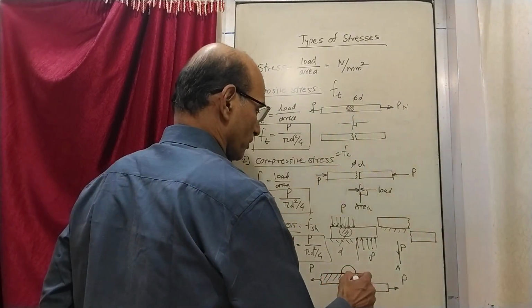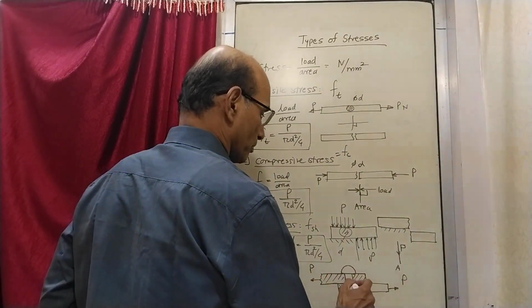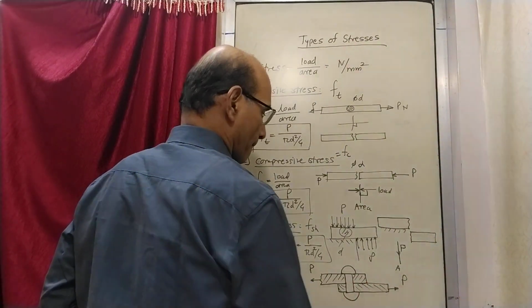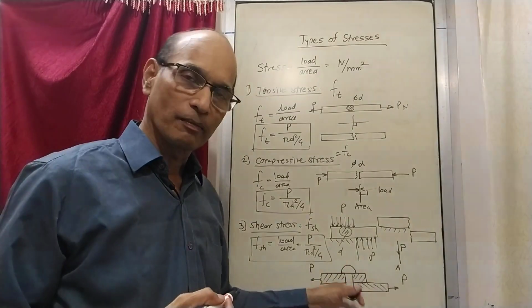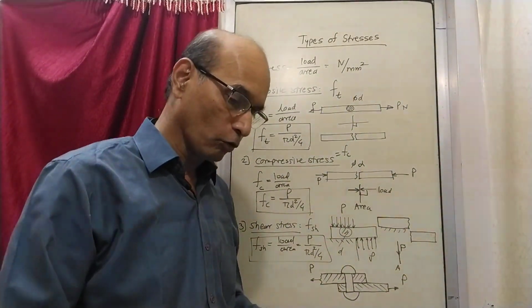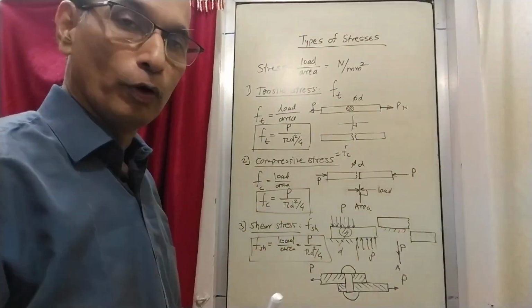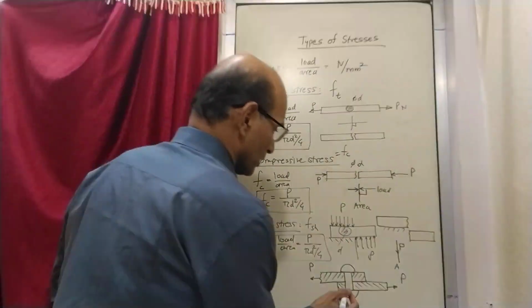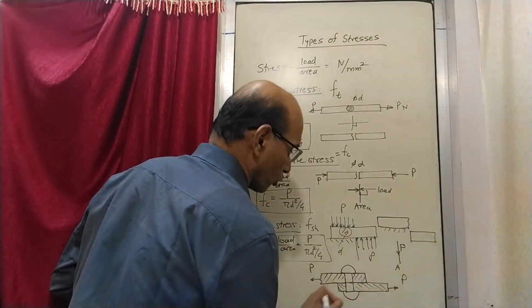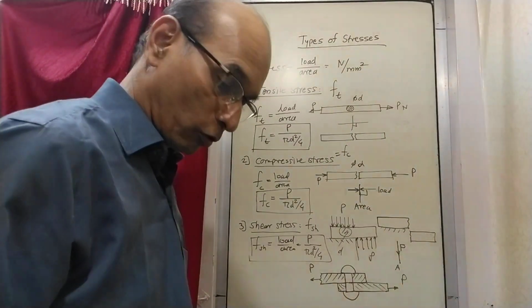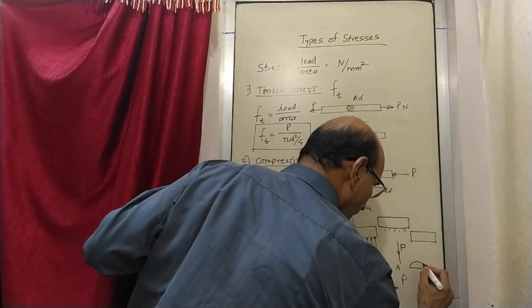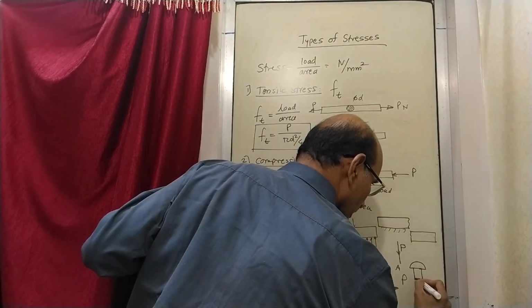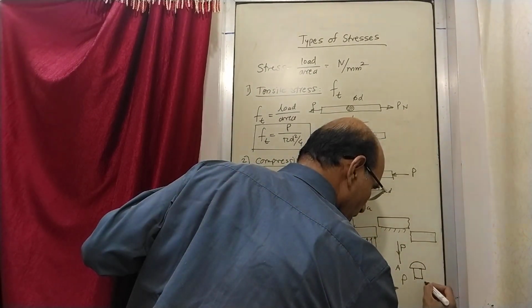Now all of you know what is a rivet, riveted joint. So you are applying a load, the two plates are connected to each other by this rivet, and when you apply load, what will happen is, if you do it till the breakage takes place, then you will find that the rivet will get broken from here, and after it is broken, it will look like this. This is one rivet. I mean, it is the same rivet which is broken like this.